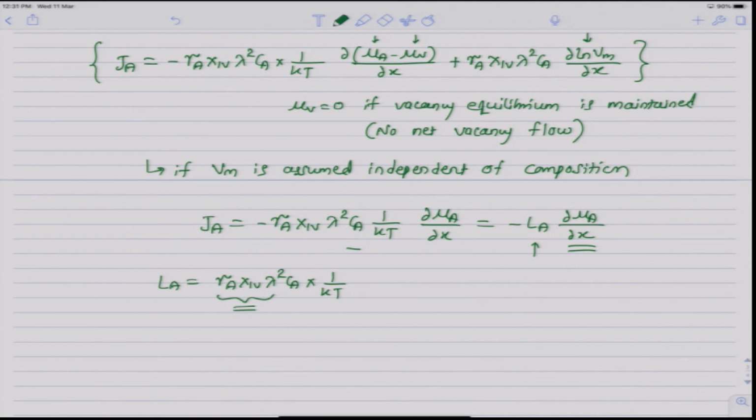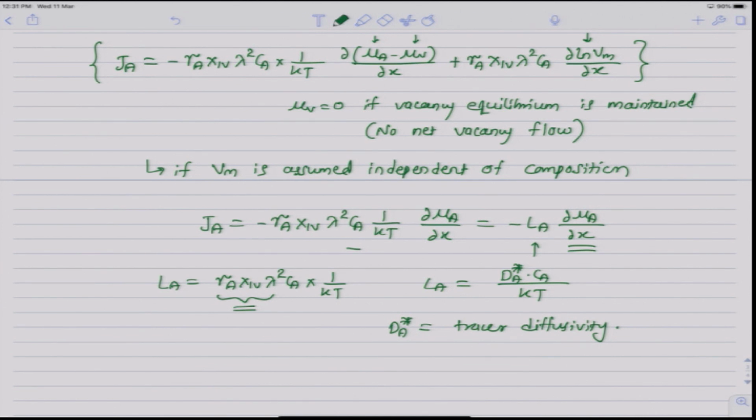So we can write this as La is equal to dA star times Ca over Kt, where dA star is the tracer diffusivity, and this tracer diffusivity we know is essentially under negligible concentration gradient.